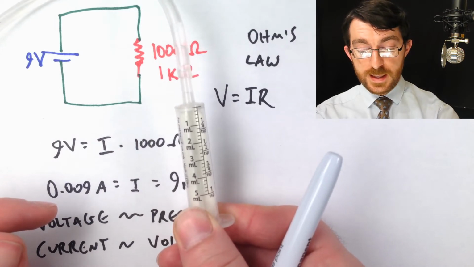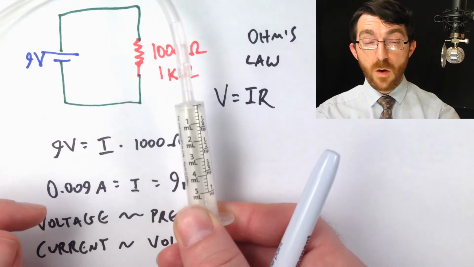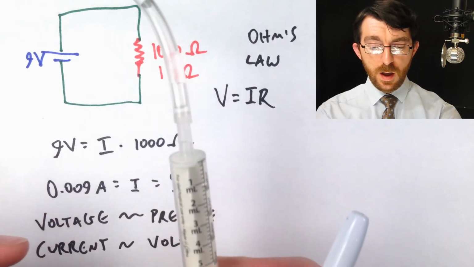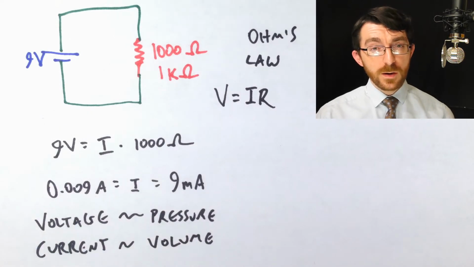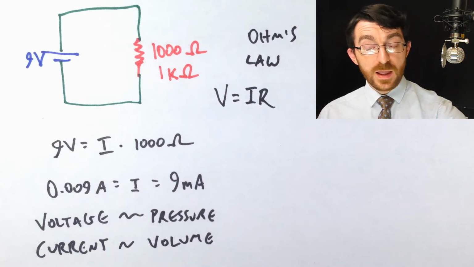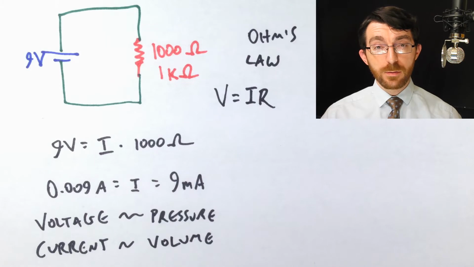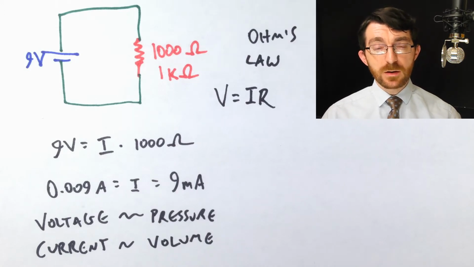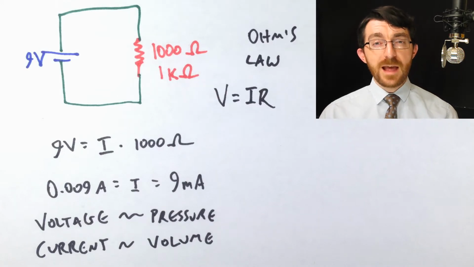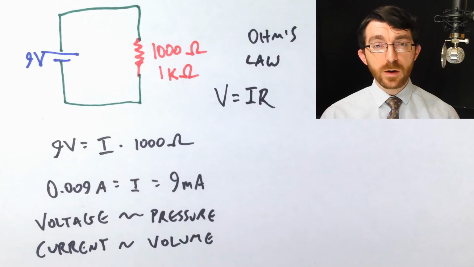And if I were to make all 5 of those millimeters empty, well, how hard I was squeezing on it would be related to how long it took for that water to go through. So if I squeezed really hard, I'd get that 5 milliliters out almost immediately. If, on the other hand, I was barely squeezing at all, it would take me a while. The current just refers to the rate at which a certain volume of water is flowing.